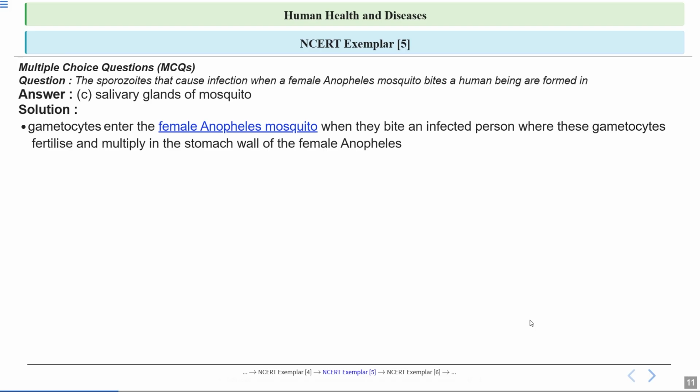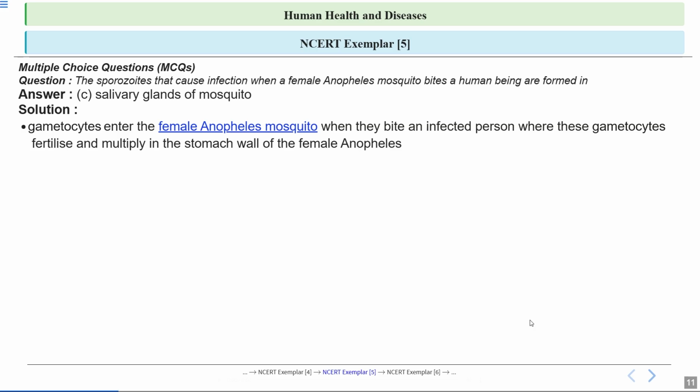Okay, so gametocytes enter the female Anopheles mosquito when it bites an infected person. Gametocytes are the sexual stage of this pathogen, Plasmodium. Now these gametocytes fertilize in the insect's gut.